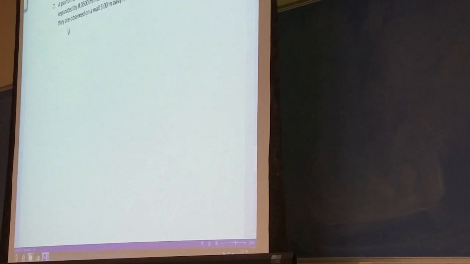And that is simply Y m bright is equal to M lambda L over D, where M is equal to one of the non-negative integers, it starts with 0 actually.